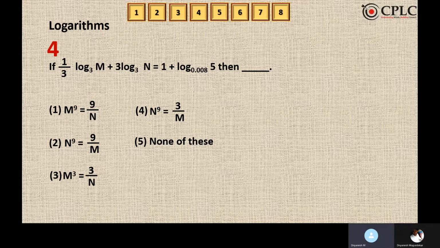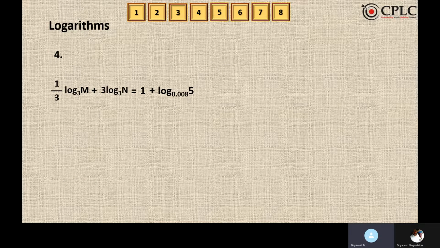What we can do is, if we simplify the left hand side, again you are seeing that 1 by 3 and 3 have come at the starting part, and try to think of one step before that, why these numbers are ahead. So obviously they should have been in the powers in the previous step. So you can say that log m raised to 1 by 3 to the base 3 plus log n cube to the base 3 is equal to this entire part.